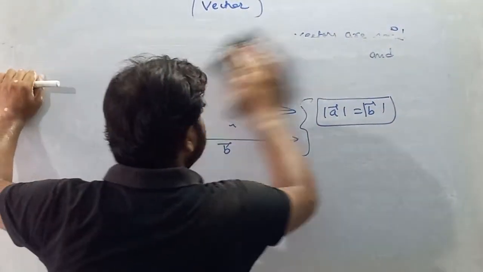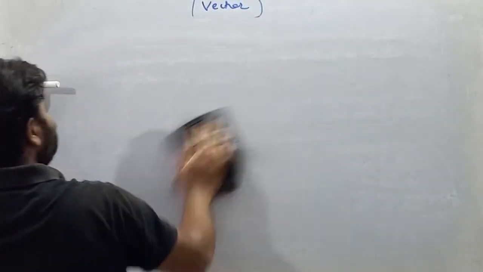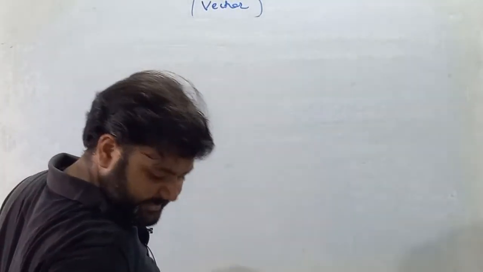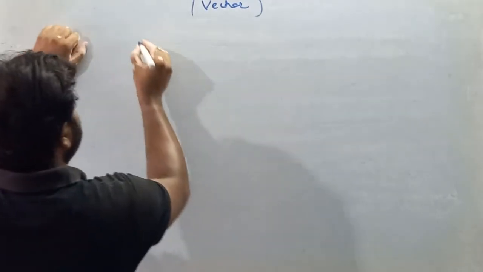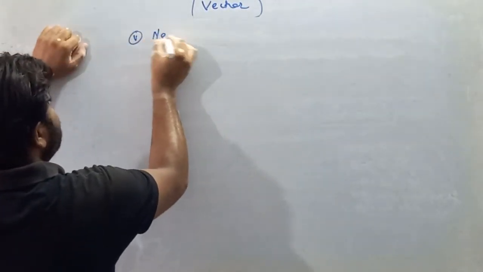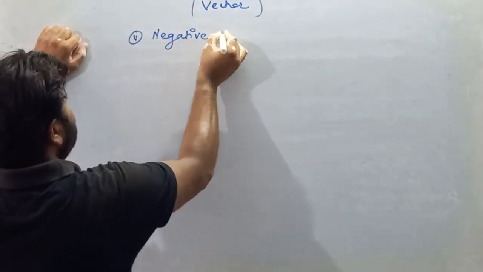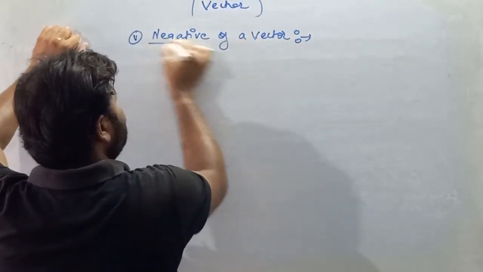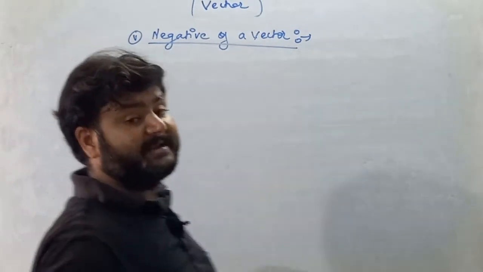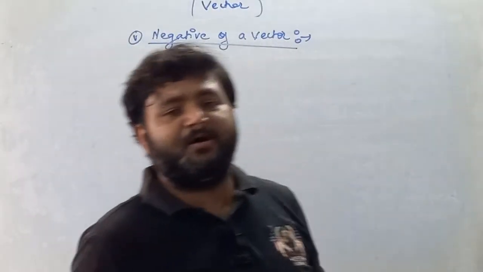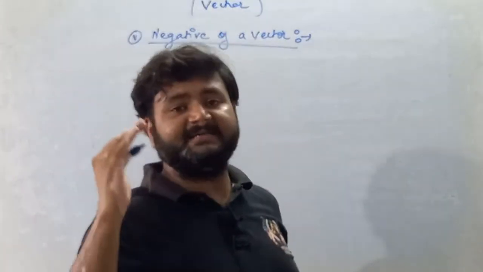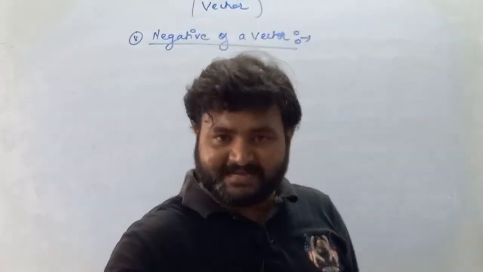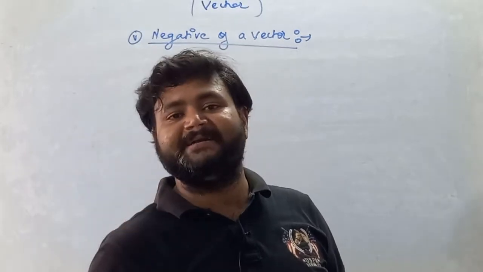Now moving forward, so fifth type of vector is negative of a vector. So write down negative of a vector. Fifth is negative of a vector. So what do they mean by negative of a vector? A vector is said to be the negative of that vector if their directions are opposite and their magnitude is same.